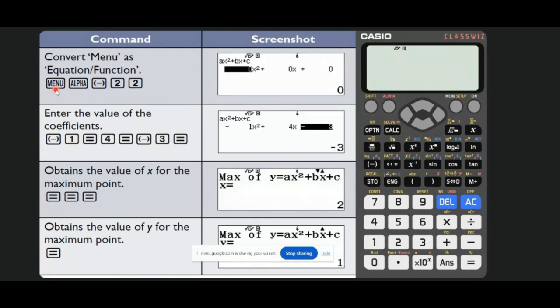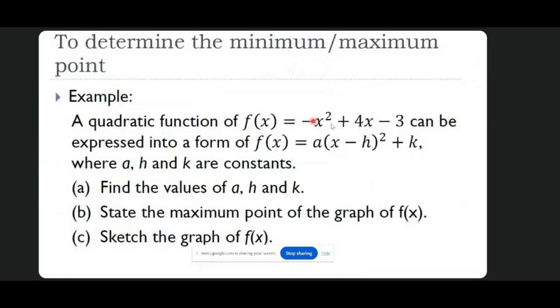Similarly, this is still the quadratic function. So we press polynomial, press 2. Degree is still square, so we press 2 again. Then we key in the coefficients. Just now it is negative 1, so the first one is negative 1. Then 4, and then negative 3.